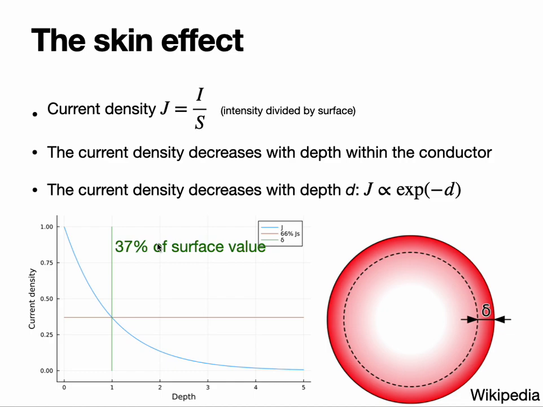And the skin depth is the width for which the value of the current density has dropped to 37% of the surface value. So that's the definition of it. Here in this diagram, it would be a depth of 1. At a depth of 1, you have a value corresponding to 37% of the initial value of 1.